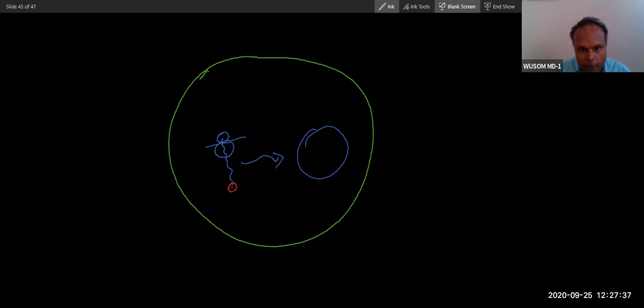Actually, the address is present at the terminal end. So if this protein does not have the address, it will not enter inside the lysosome. So this is the basic problem in this lysosomal storage disorder, eye cell disease.